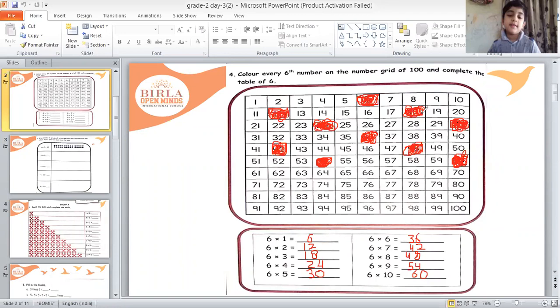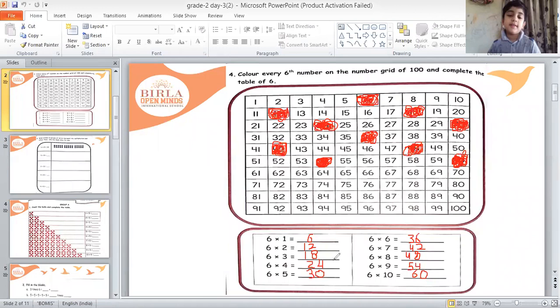And how many numbers will we color? We will color 10 numbers. Why are we coloring only 10 numbers in this number grid? Because we have to complete the 6 table, and generally when we write a table, we write it till 10 only. So we will color 10 numbers.